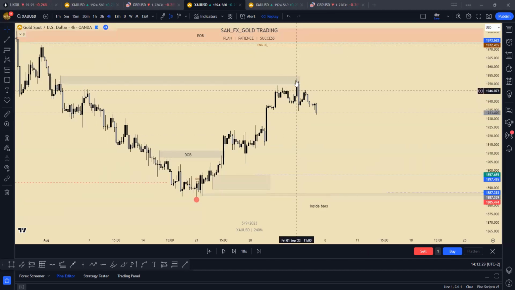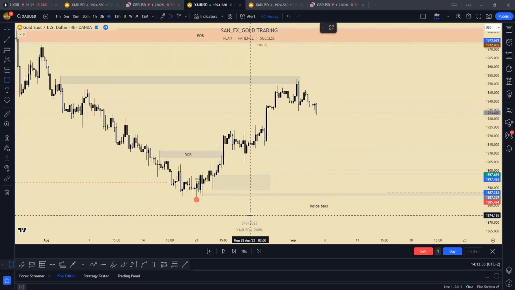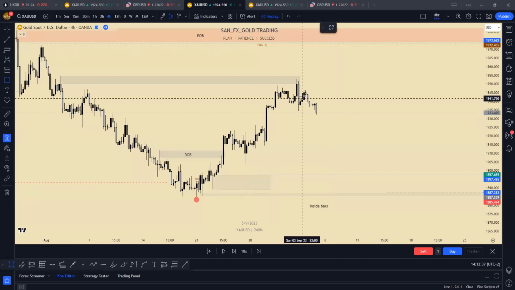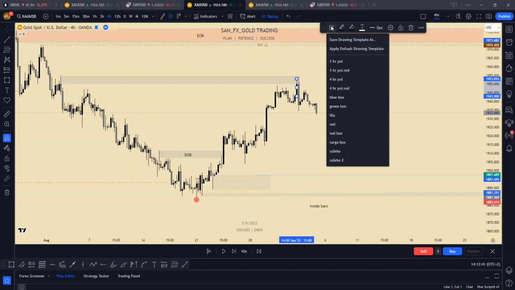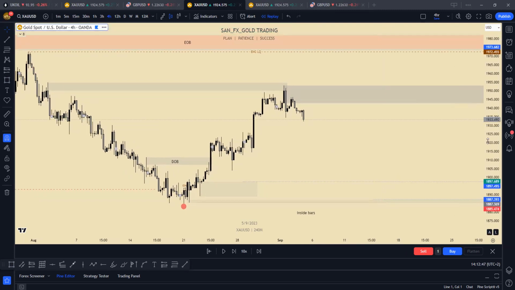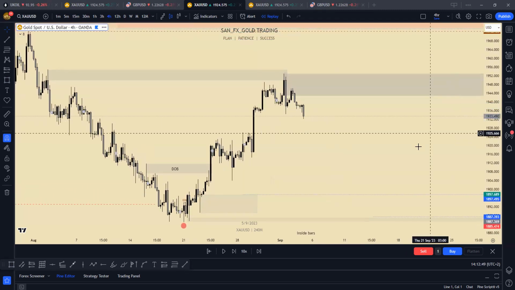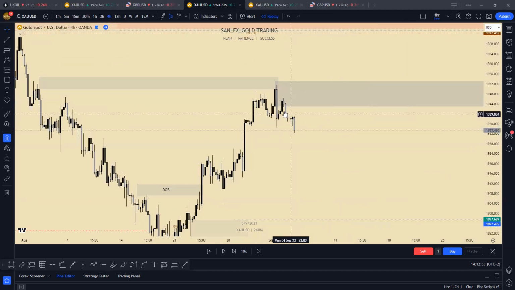We can use this candle as a POI because it has a gap below it, like this. And somebody asked me why we can use this candle.